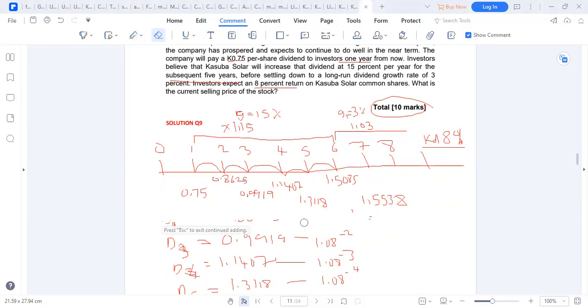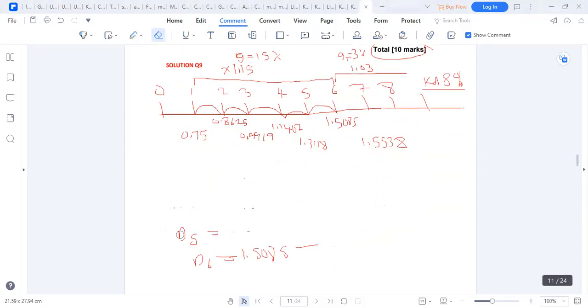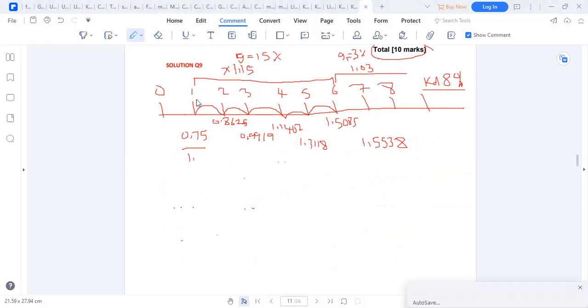Let me wrap this so that I can make my board clear. Here we're going to divide this one by 1.08 to the power 1.